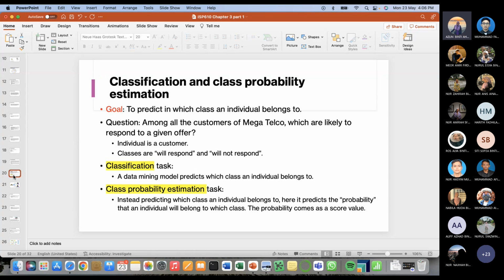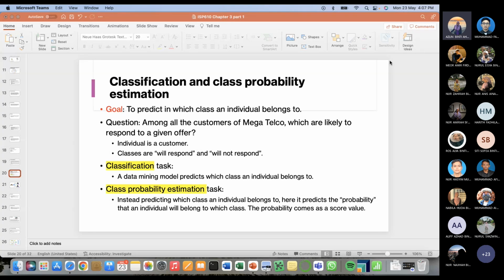That one is classification, or you can also do class probability estimation, where instead of looking at yes or no, you can make a prediction based on the probability. So you will come out with a score value. Just now it was yes or no, but now there is how many percent the customer will respond to the offer and how many percent will not respond.